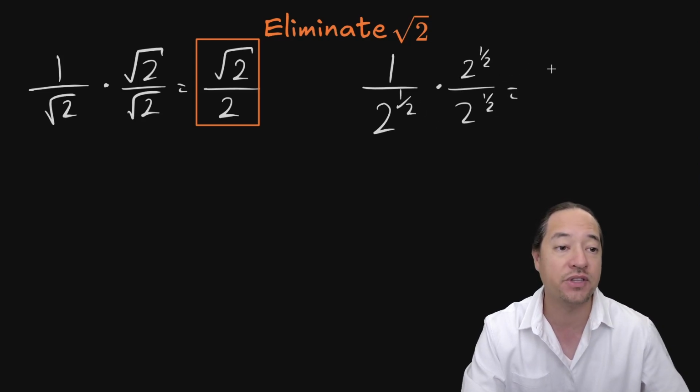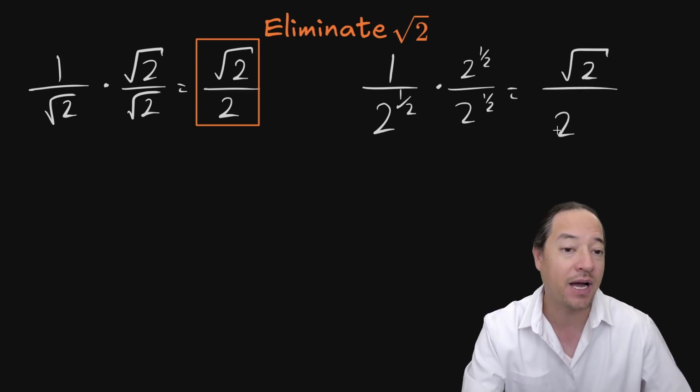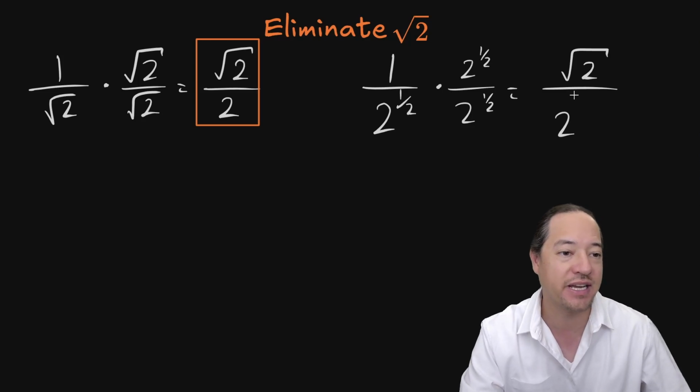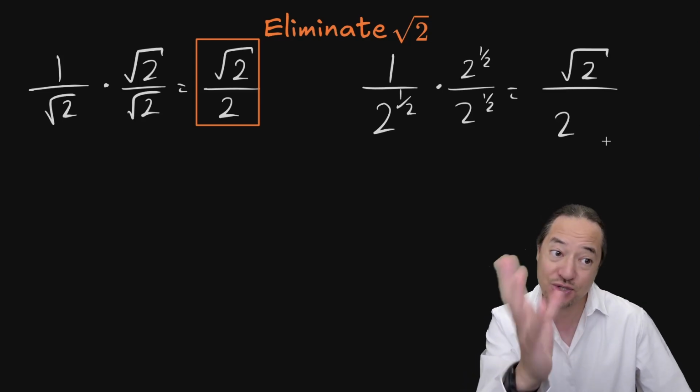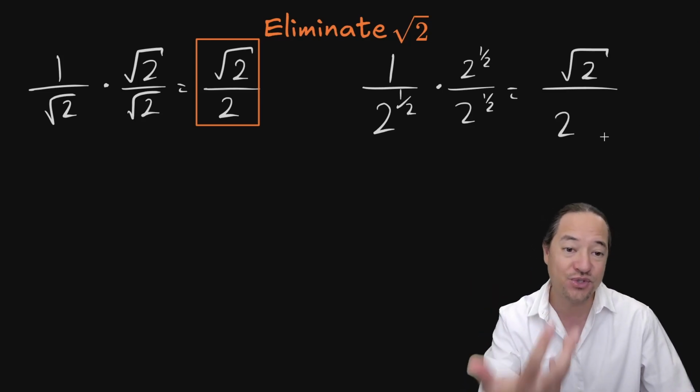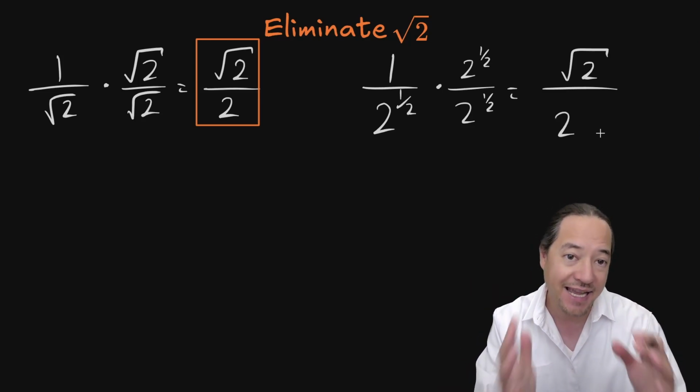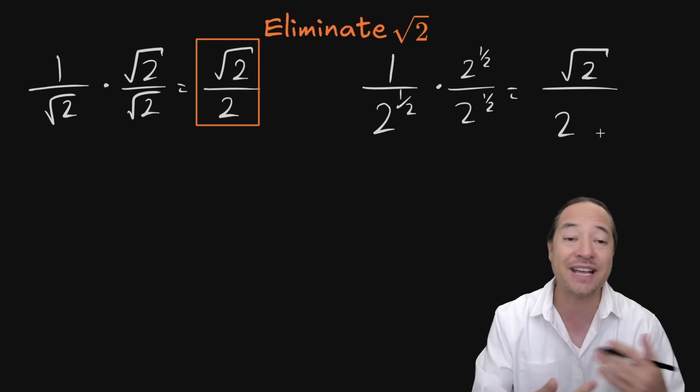In the top, I just get 2 to the 1/2 power, that's root 2. But in the denominator, I'm adding the exponents: 1/2 plus 1/2 is 2 halves, that's just 1. So that's just 2, and we get the same answer: root 2 over 2, using exponent rules when you write it as a rational number.